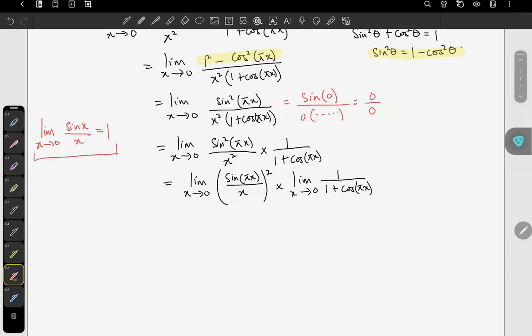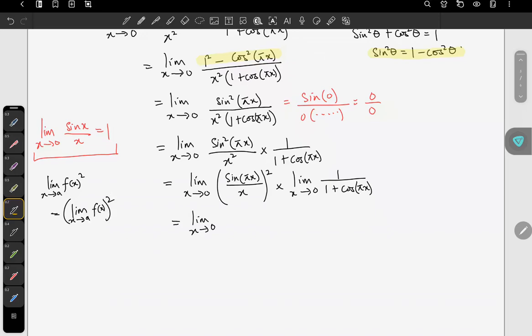So to make it exactly what we have here, the trick that we usually use is to multiply by something that will make both the numerator and the denominator be the same thing. Actually, we know that the limit of f of x squared as x goes to a is equal to the limit as x goes to a of f of x all squared.